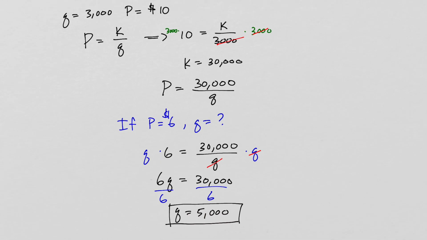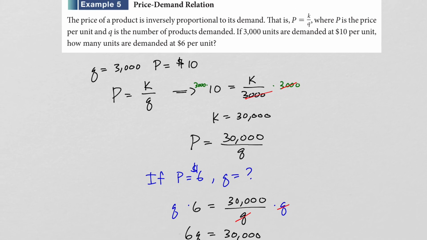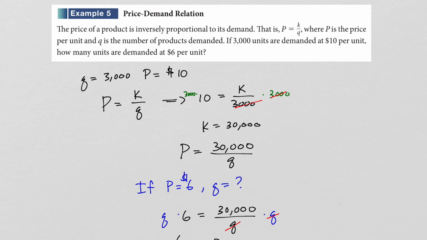So as the demand goes up, the price goes down. Now, of course, this is an oversimplification of an economic example, but these are just the basics, and this is a good way to talk about inverse variation.